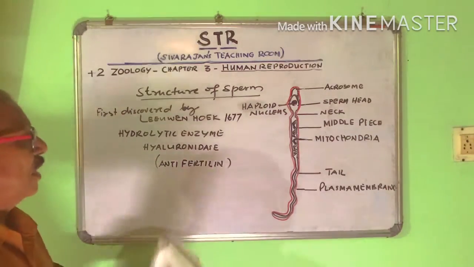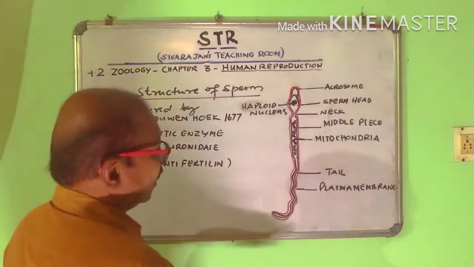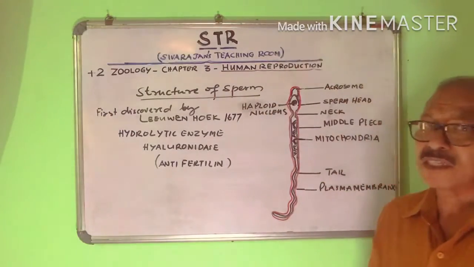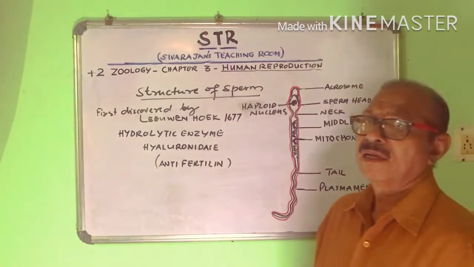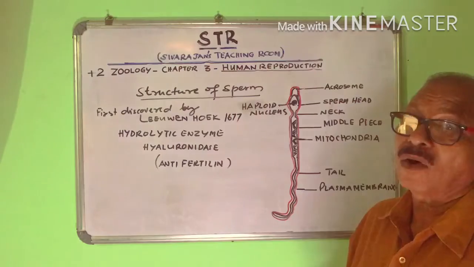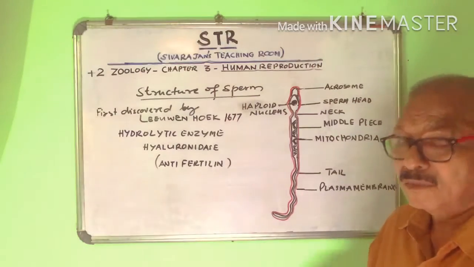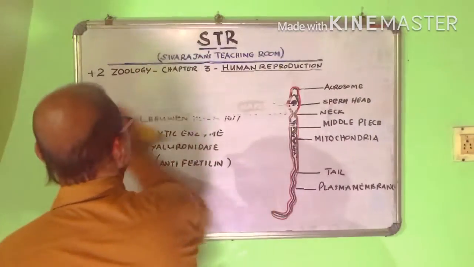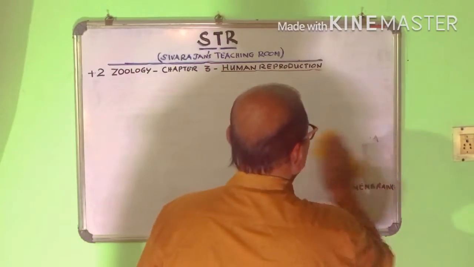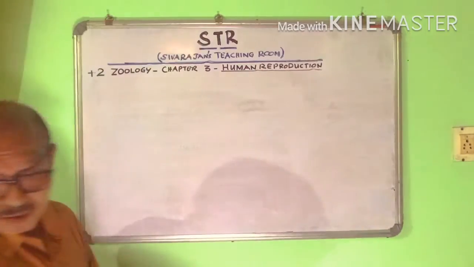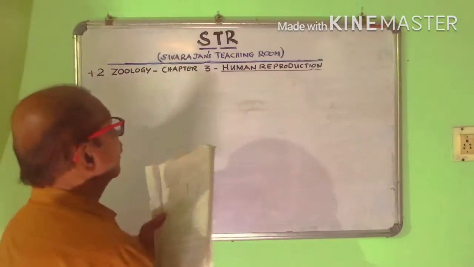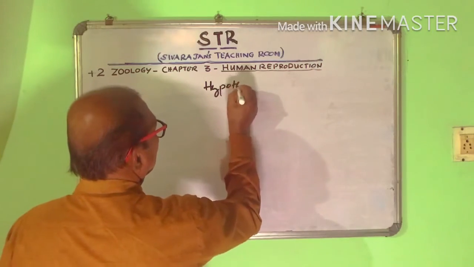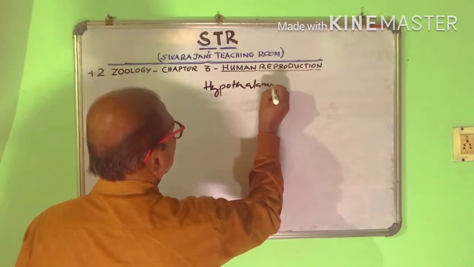Now we will see how the male reproductive system is influenced by certain hormones, or we can say the hormonal control of the male reproductive system. This is the hypothalamus.